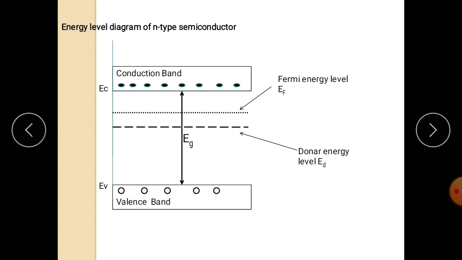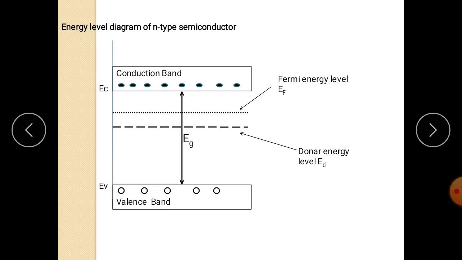Hence these electrons can easily jump to the conduction band, so this donor energy level is near to the conduction band. This EV is the energy level of the valence band, and EC is the energy level of the conduction band.